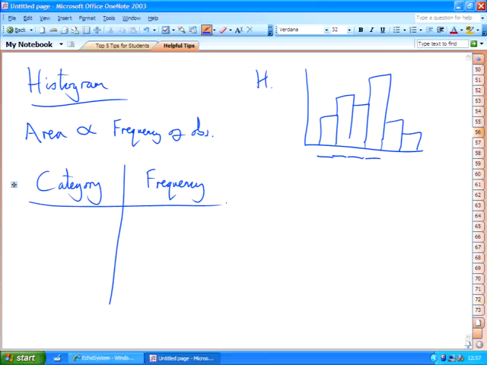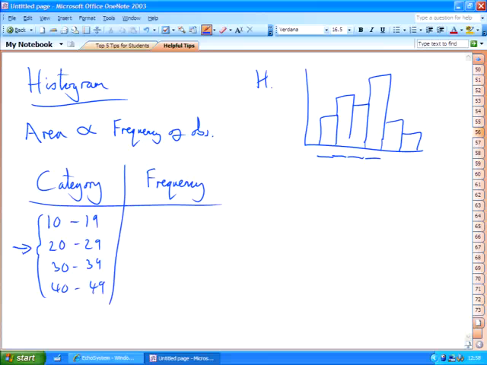So suppose, for argument's sake, my categories were 10 to 19, 20 to 29, 30 to 39, and 40 to 49, for example. And suppose my observations just take integer values, therefore any observation will be in one and only one of these categories. Because notice all of these categories are non-overlapping. So, for example, if I had an observation that was, let's say, 22, then 22 would belong in this category and no other category.